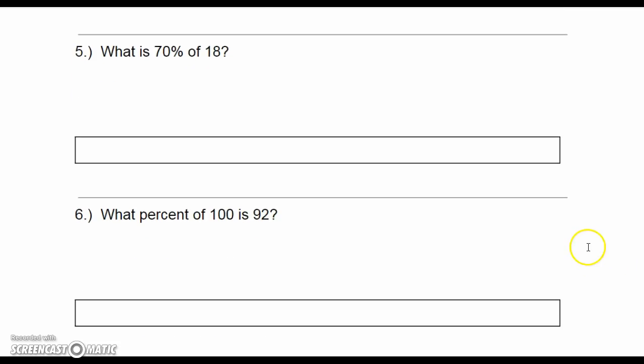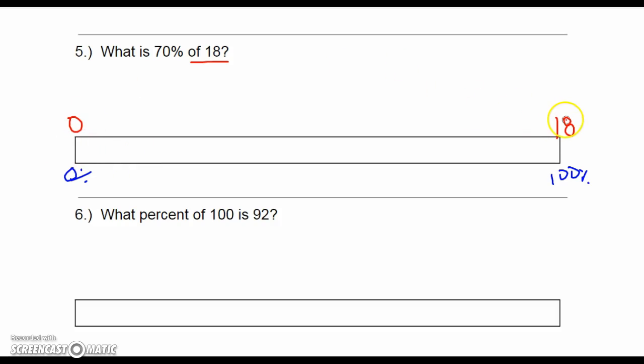What is 70% of 18? This one's similar. I think estimating is a little bit easier here. So 0% would be nothing. What is 70% of 18? Well, of 18, that means 18 is my whole, W-H-O-L-E, of the part to whole ratio.